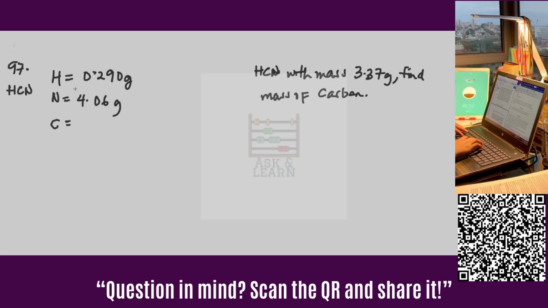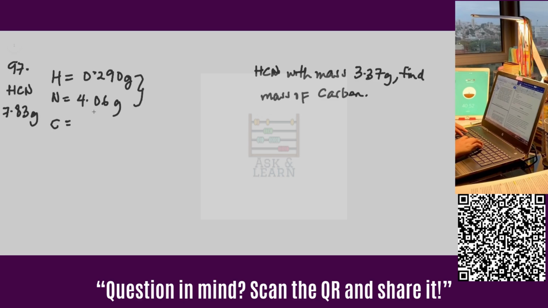The sum of the masses of these three elements should give us the total mass of hydrogen cyanide. The question is given as 7.83 grams.